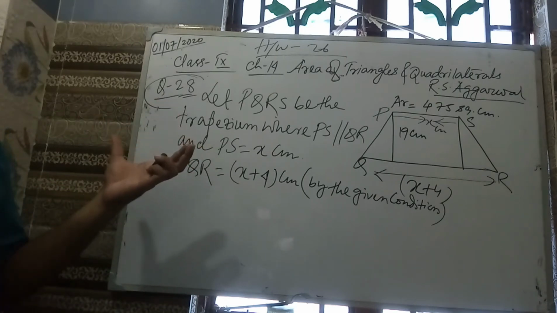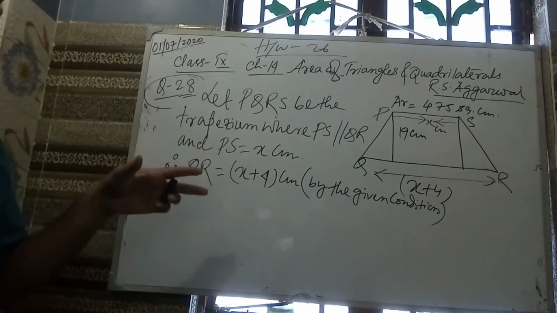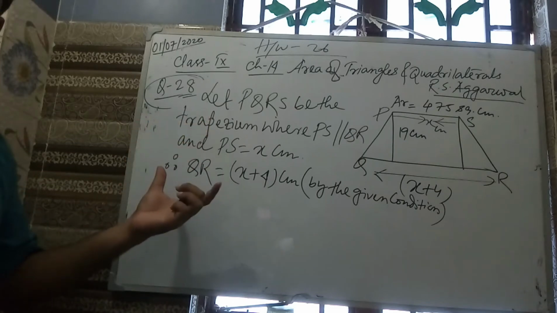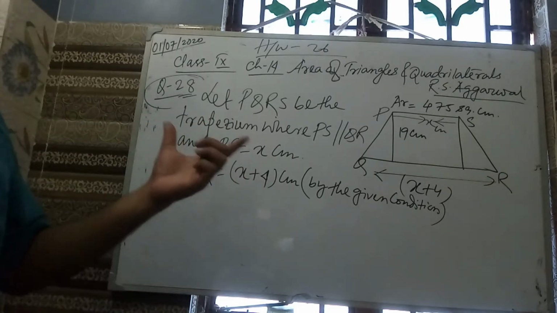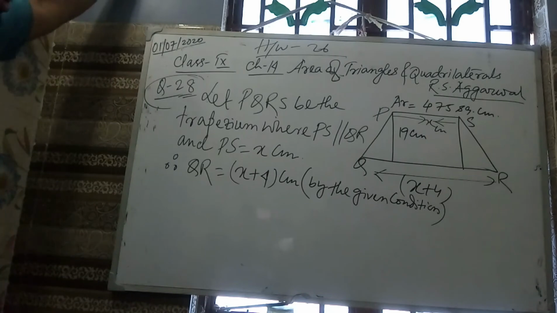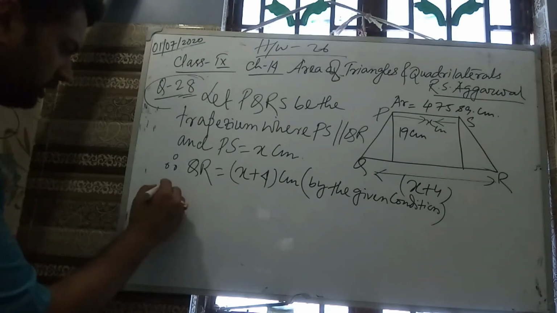Half into base into height. Sorry, half into sum of parallel sides into height is the area. This is the formula to find out the area of a trapezium.